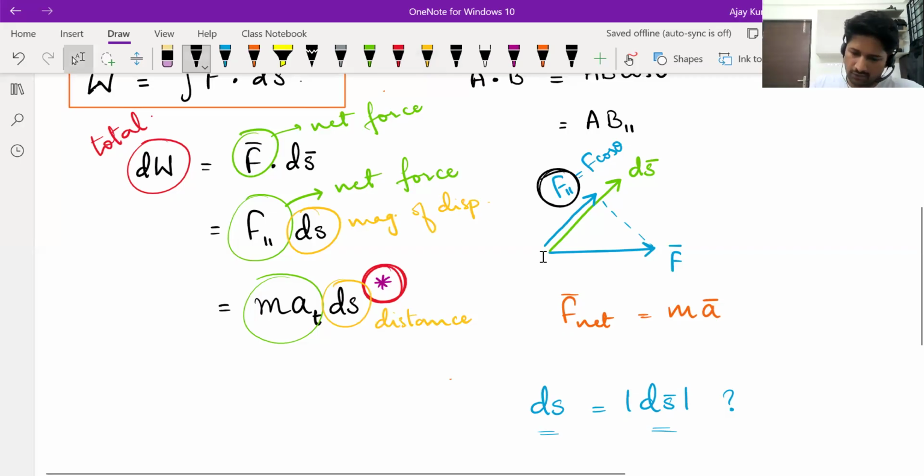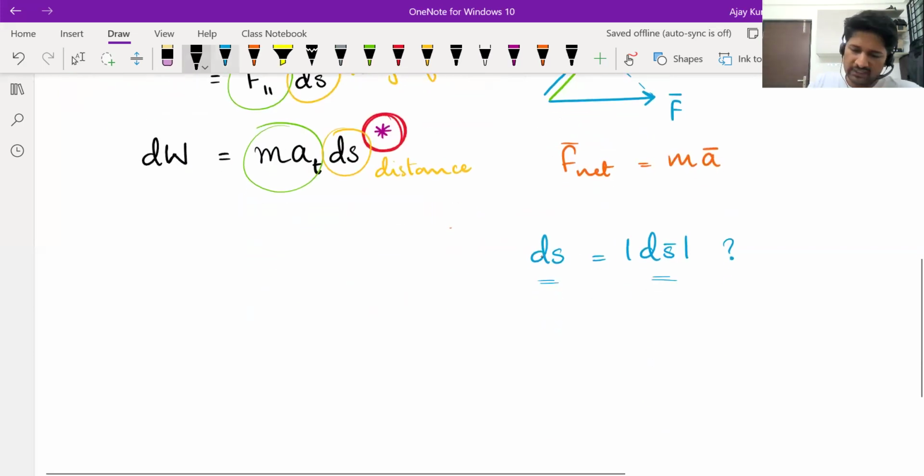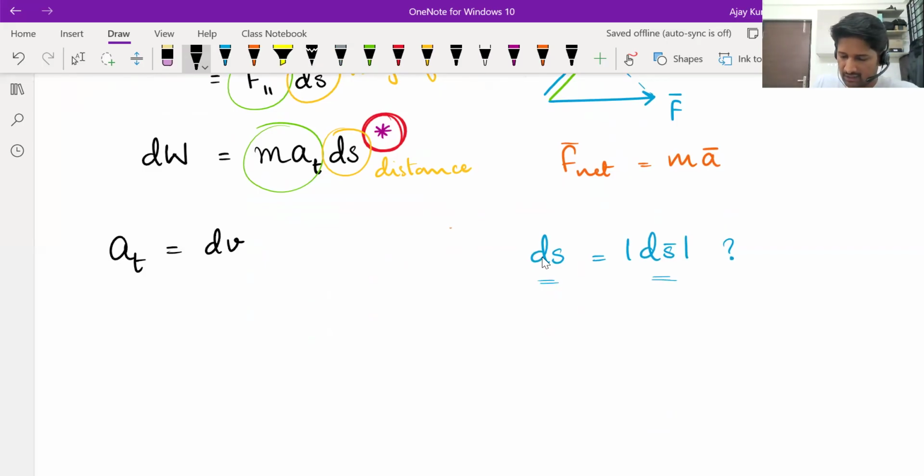Fine. So what do we have here? dW, the small amount of work done on a particle during a small displacement, is m, the mass of that particle, a_t, the tangential acceleration of that particle, multiplied with ds, the small distance moved by the particle. We know that tangential acceleration by definition is the rate of change of speed with respect to time.